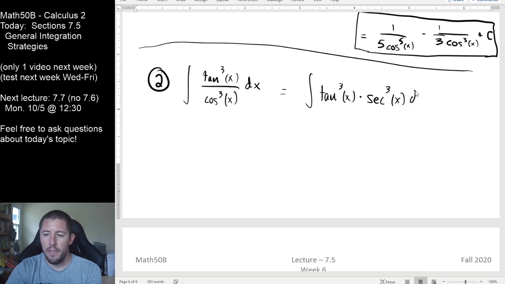And it turns out that this is exactly the type of situation that we looked at in 7.2. We saw that when we have products of powers of trig functions, there are recommended substitutions that we would want to make.